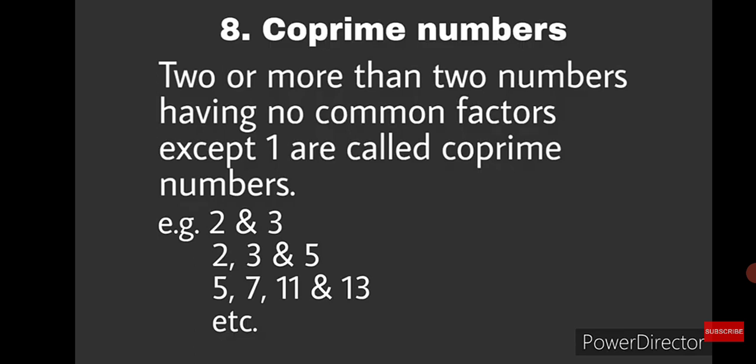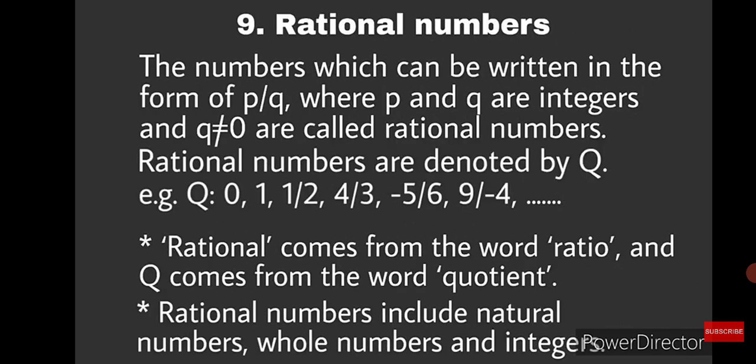For example, 2 and 3; 2, 3 and 5; 5, 7, 11 and 13 and so on. These are called co-prime numbers.